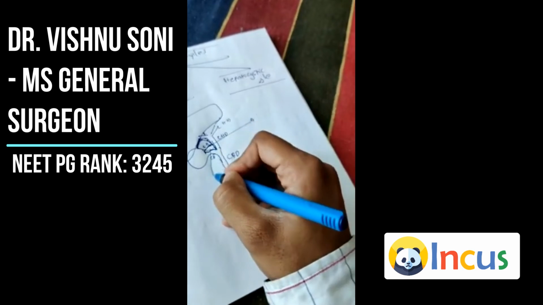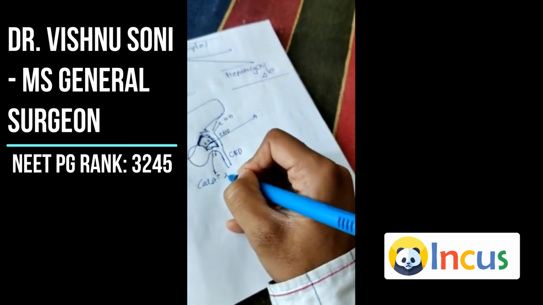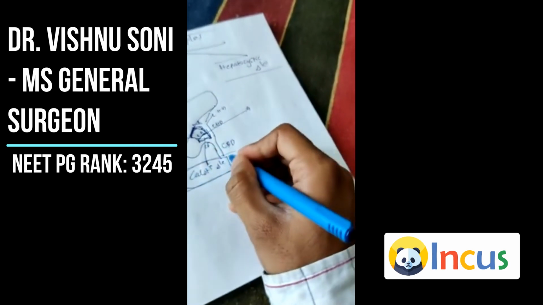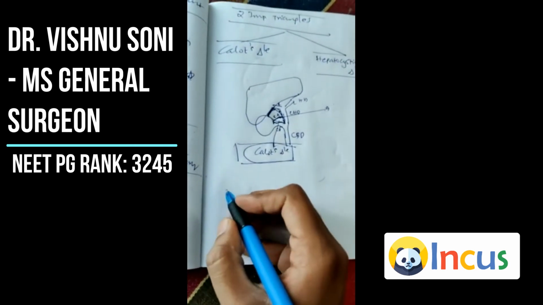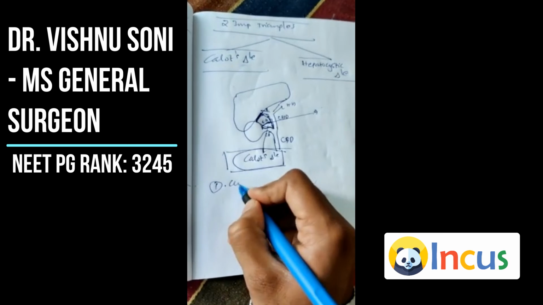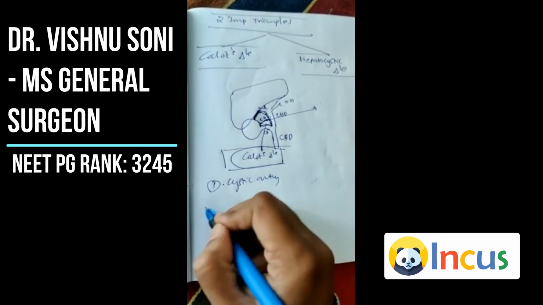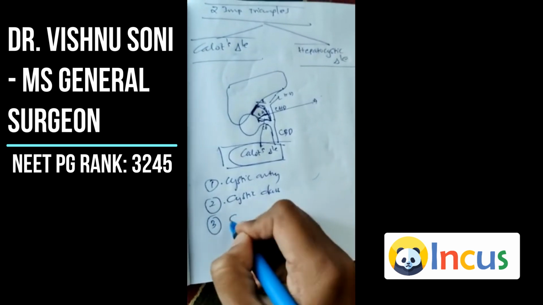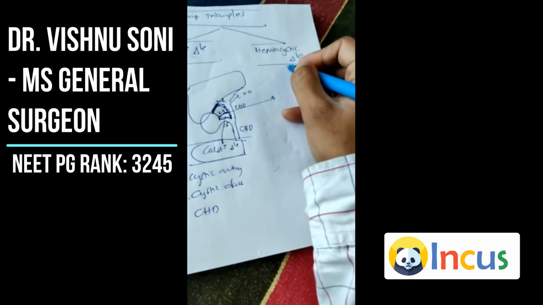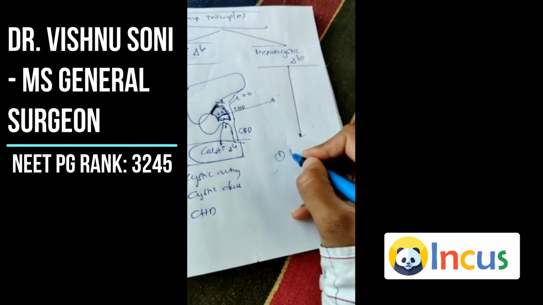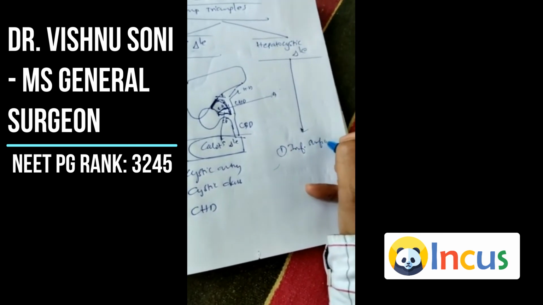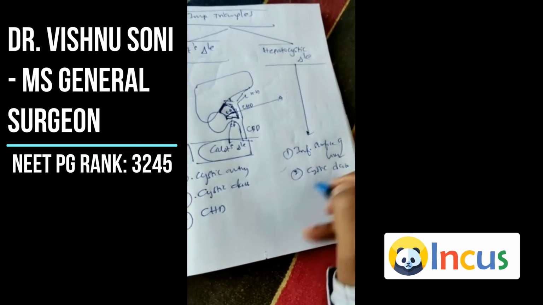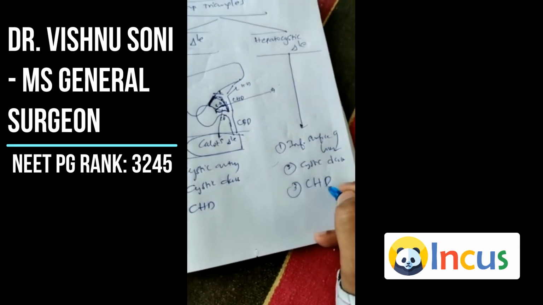Calot's triangle will not include the inferior surface of the liver. The hepatocystic triangle includes the inferior surface of the liver, cystic duct and common hepatic duct.